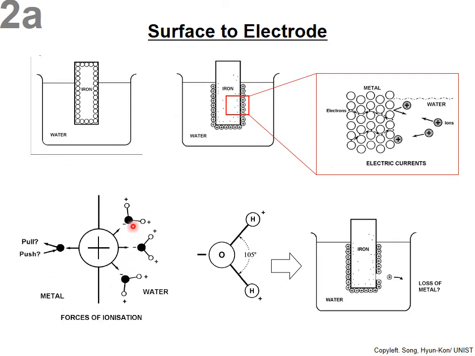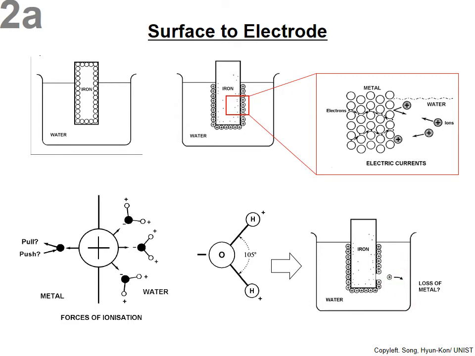If those are well balanced, nothing happens. Or if the second attractive force is stronger than the first attractive force, nothing happens. I mean, those positively charged species are still there on the surface. However, if the first one is stronger than the second one, of course, those ionized species are dissolved from the surface into water.